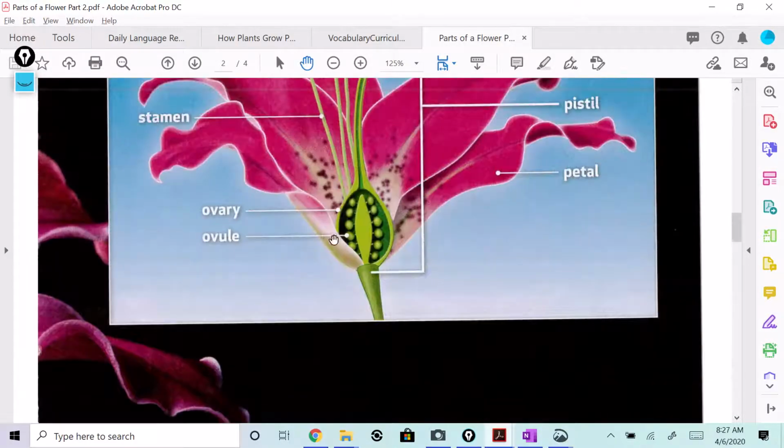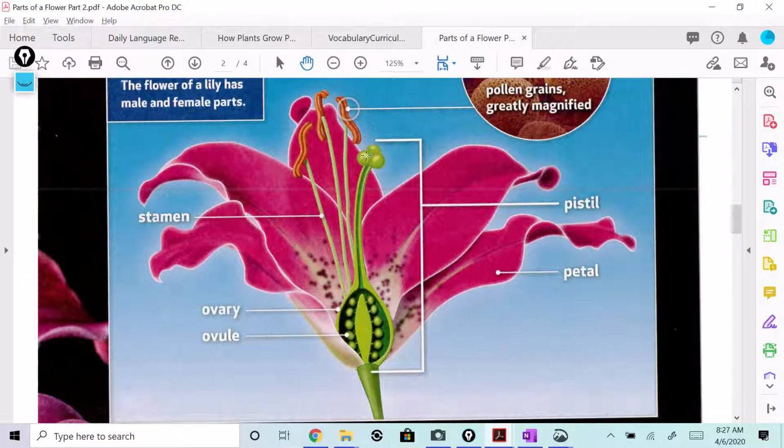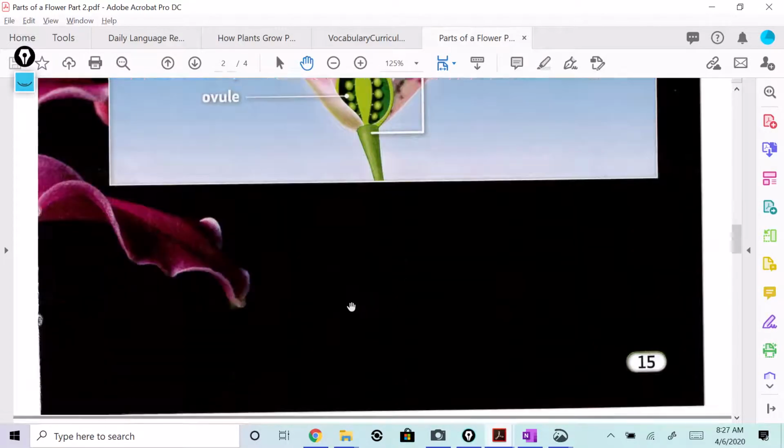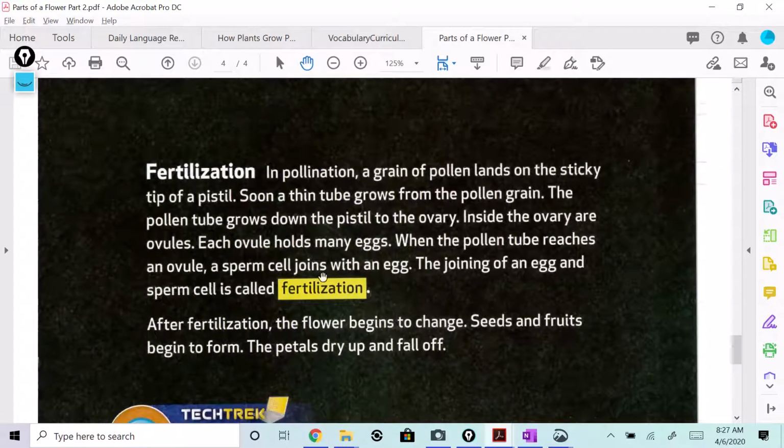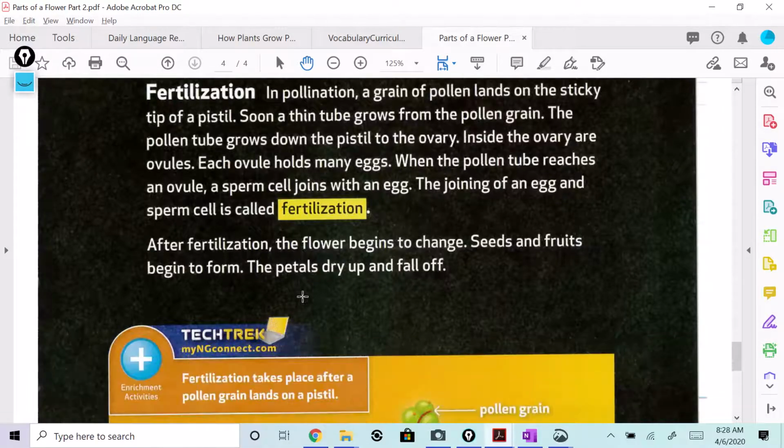Here's the ovary, here are the ovules. Pollen lands on this, a tube goes right down in here, and we're going to get into those ovules. Each ovule holds many eggs. When the pollen tube reaches an ovule, a sperm cell joins with an egg. The joining of an egg and a sperm cell is called fertilization.